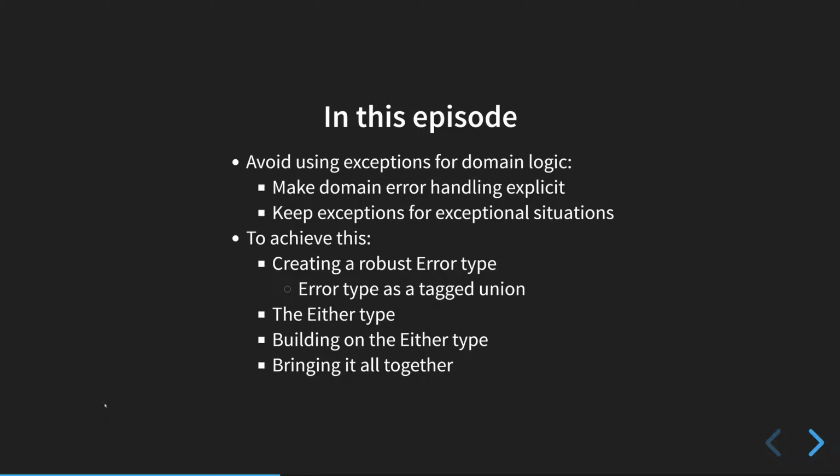So the goal is to avoid using exceptions for domain logic. Domain errors are things that might happen from time to time, and they shouldn't be exceptions, because exceptions should be exceptional.